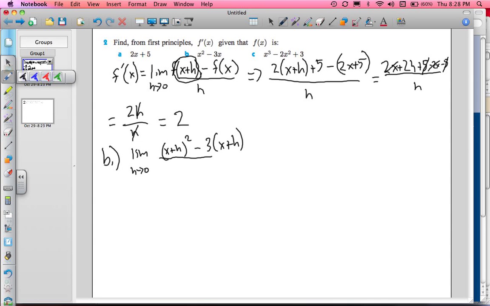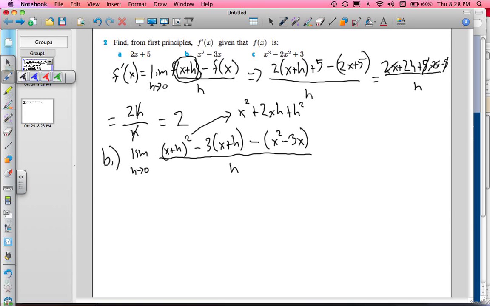That's the f of x plus h part. We still have minus f of x, which is x squared minus 3x, all over h. First we have to FOIL out the x plus h squared, which is x squared plus 2xh plus h squared.